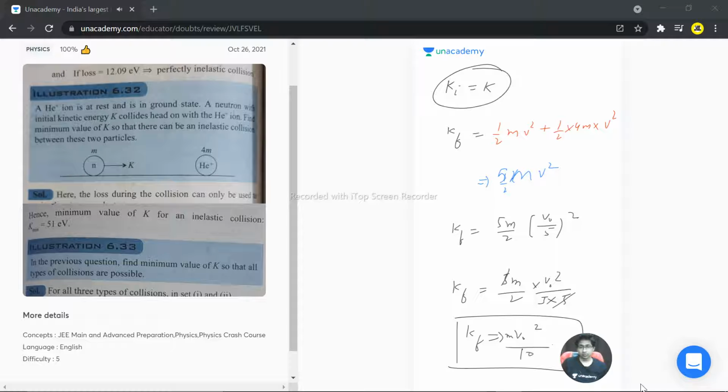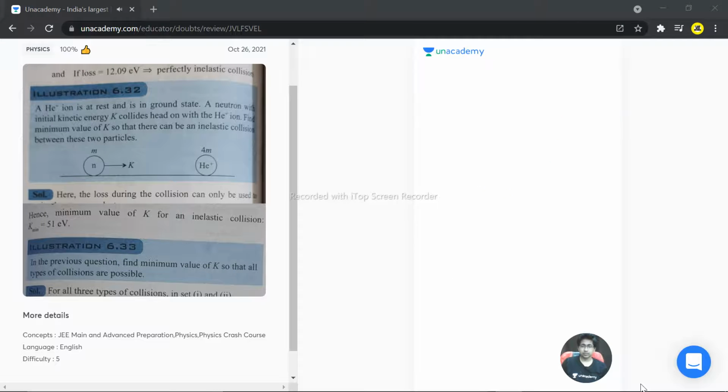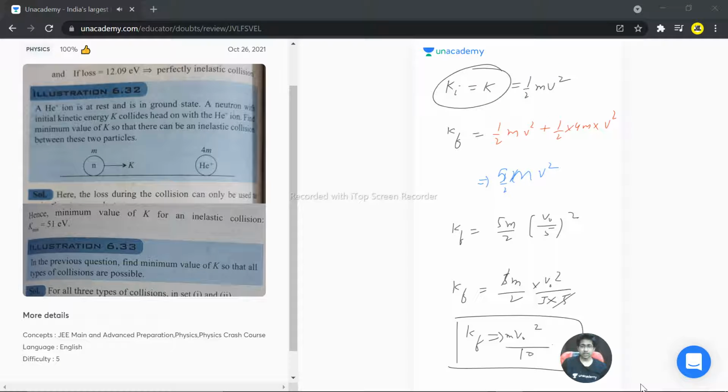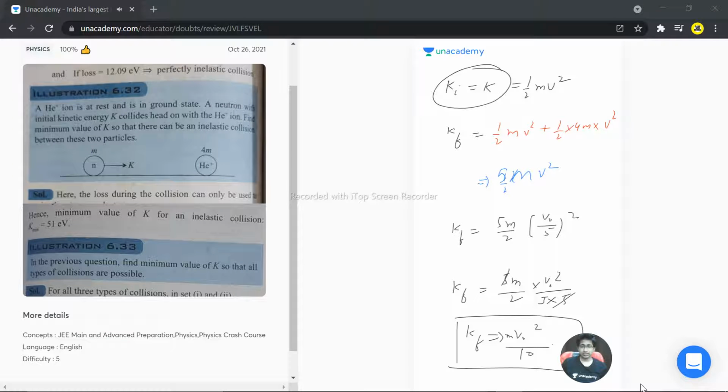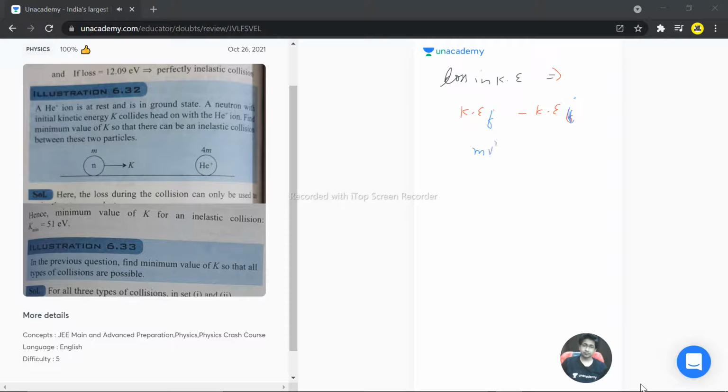What is the value of K here? That is simply half m v naught square. So let's calculate the loss in kinetic energy. The minimum loss will definitely be 0, but the loss here is final minus initial. Final kinetic energy is m v naught square by 10, and initial kinetic energy is m v naught square by 2.